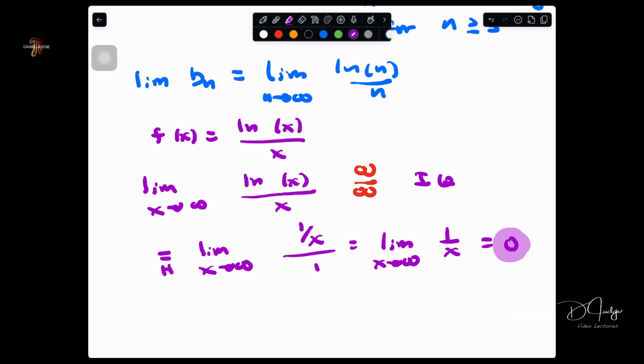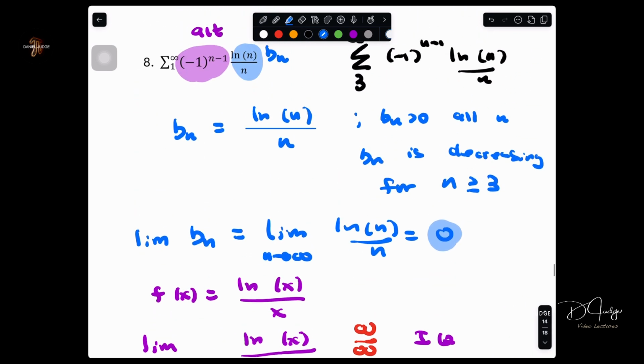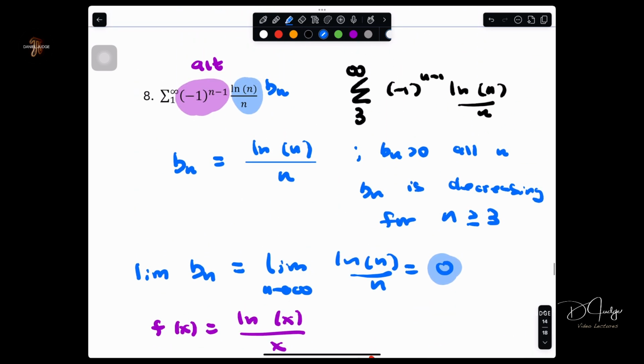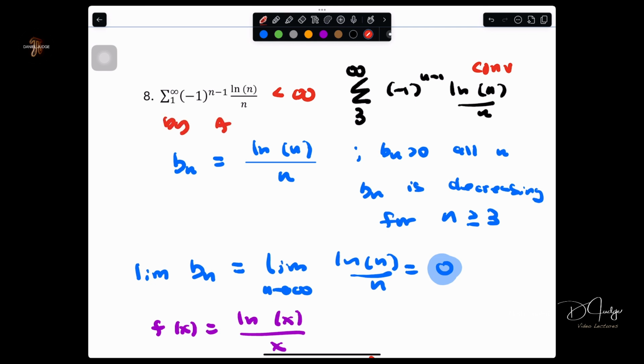So that means that this limit equals 0, and we satisfy the terms of the alternating series test. So that means we get convergence here by the alternating series test.